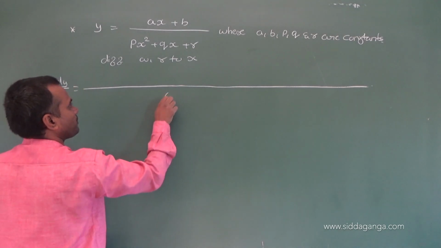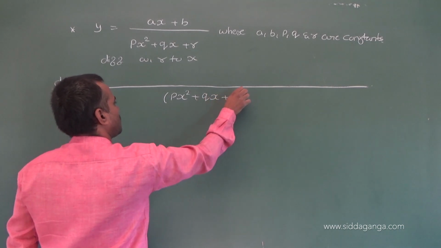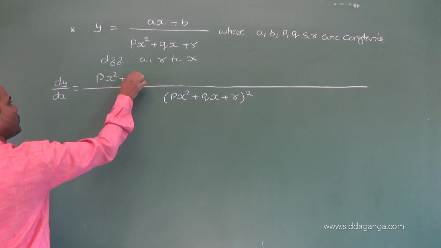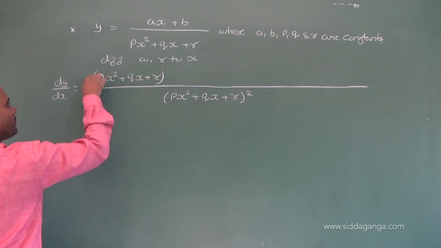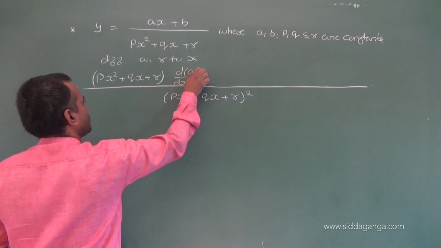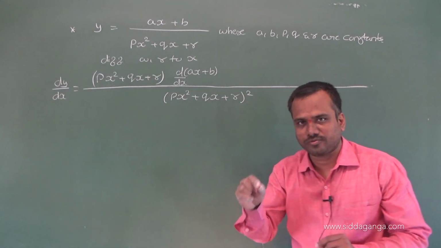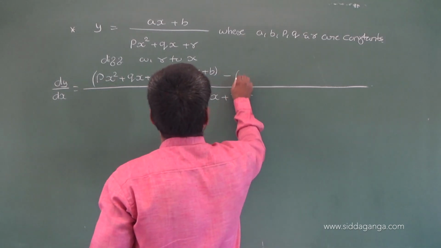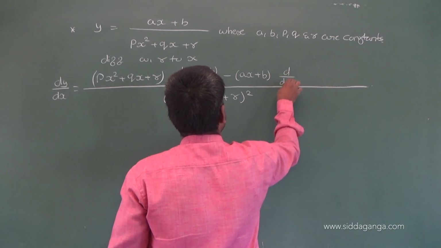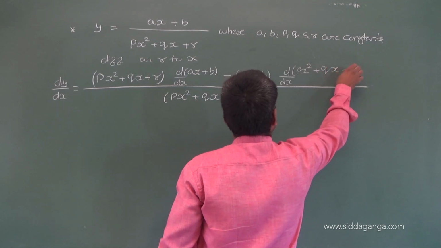dy by dx is denominator square, (px square plus qx plus r) whole square, px square plus qx plus r into d by dx of ax plus b, correct? Denominator into derivative of numerator, minus d by dx of px square plus qx plus r.